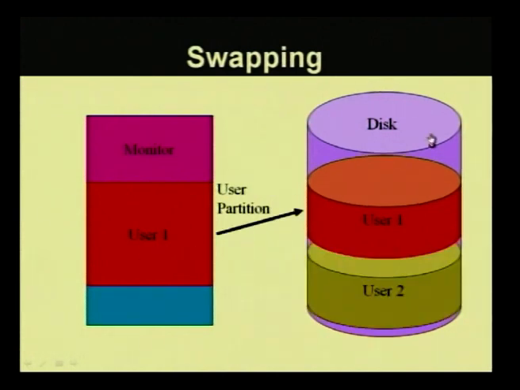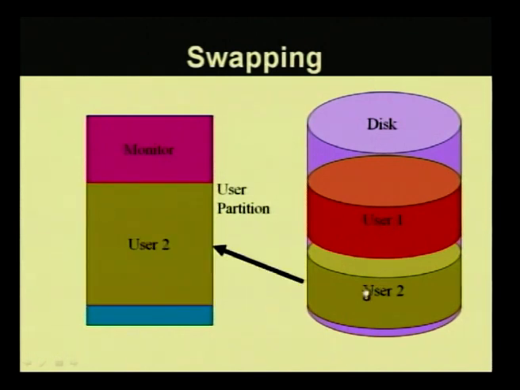Now if there is another higher priority process called user 2 which comes for execution, the user partition moves the lower priority process user 1 back to the backing store or secondary storage, loads user 2 and continues the execution.